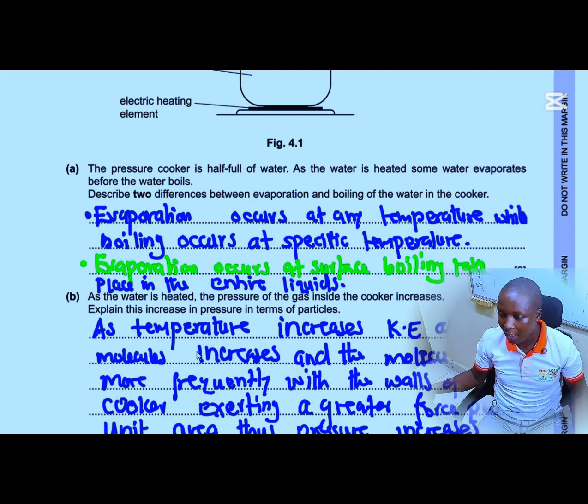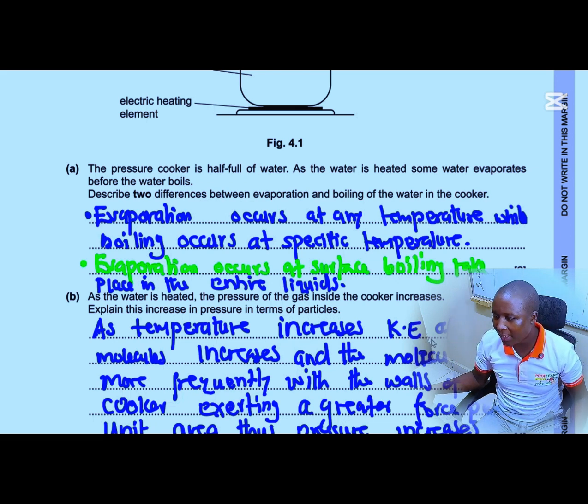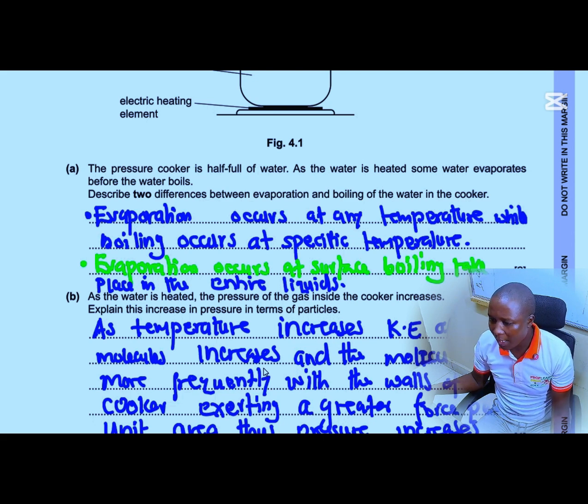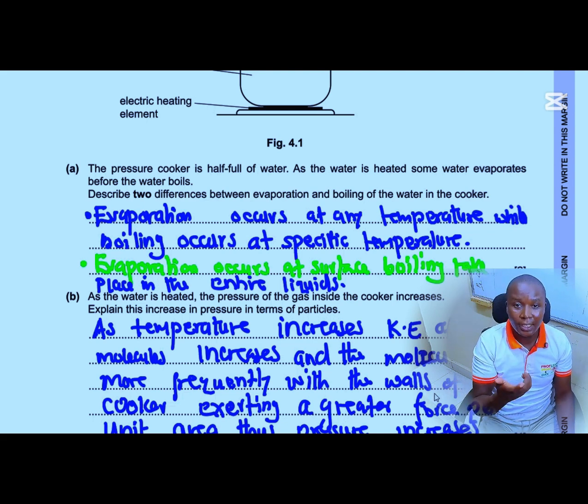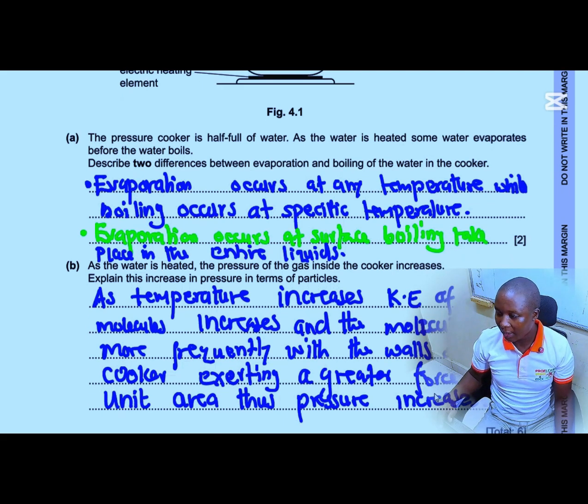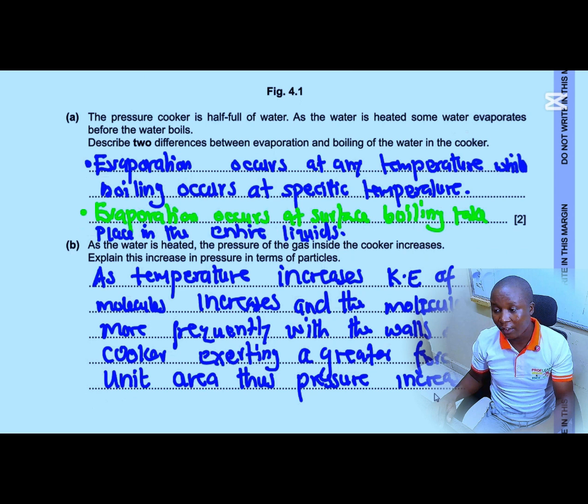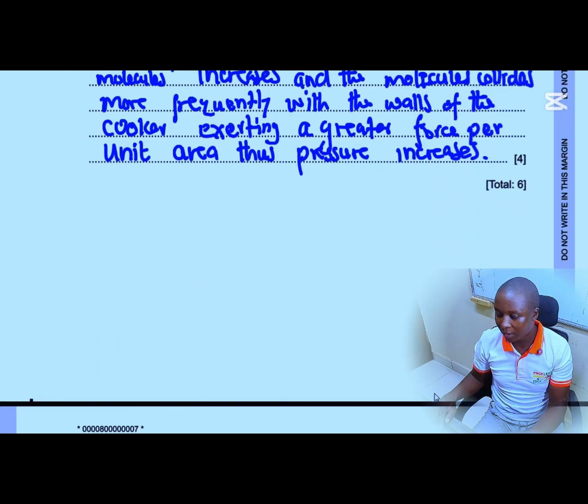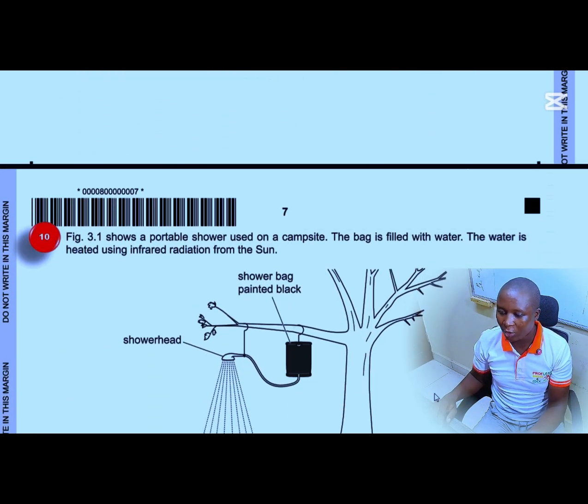So that's why we are saying as temperature increases, the kinetic energy of gas molecules increases, and the molecules collide more frequently with the walls of the cooker, exerting a greater force, and force per unit area is pressure, and that explains why.